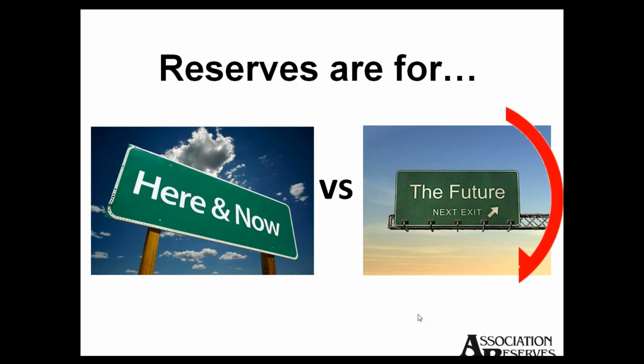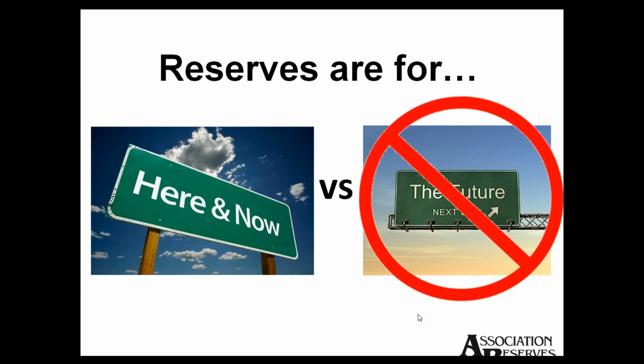And that new way of thinking is that reserves are for the here and now, because it's human nature that if something is for the future, then it's a little easier, maybe even a lot easier, for you to delay and let it be someone else's problem. Those expenses that I showed you in the chart before are big expenses, way off in the future, but let me change that sentence.